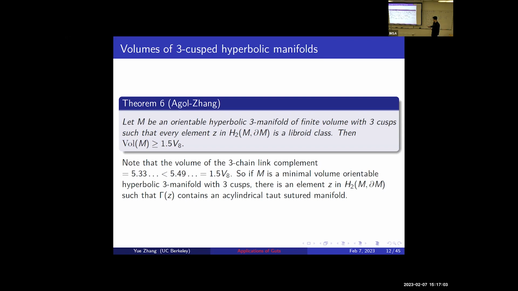And we conjecture that the minimum volume of an acylindrical sutured manifold is 5.33. And once you prove that, then you can solve the conjecture.